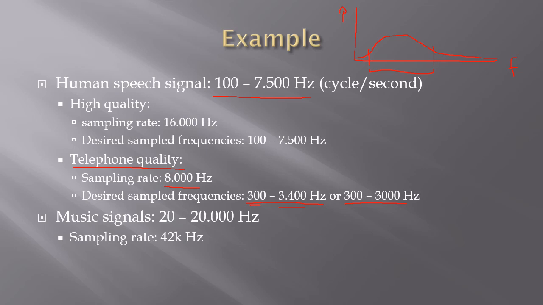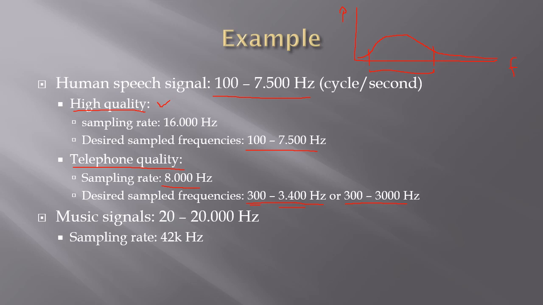Okay, so now the other example is the sampling of what I'm calling here the high quality recorded voice. Now we are trying to store all the frequency components that are generated by a human being, which is from 100 to 7500 Hertz.